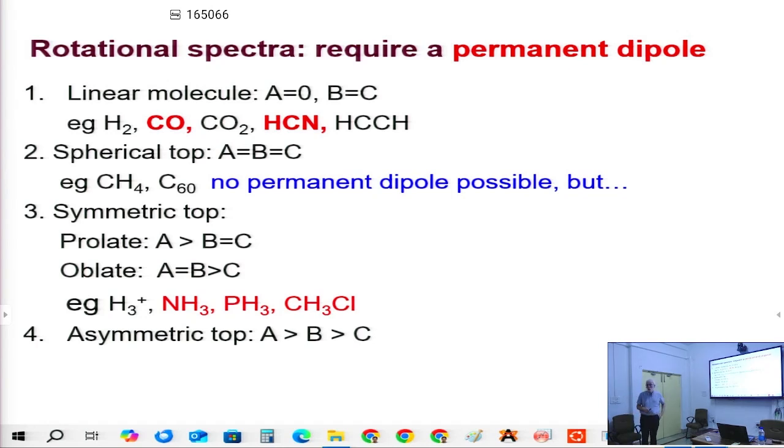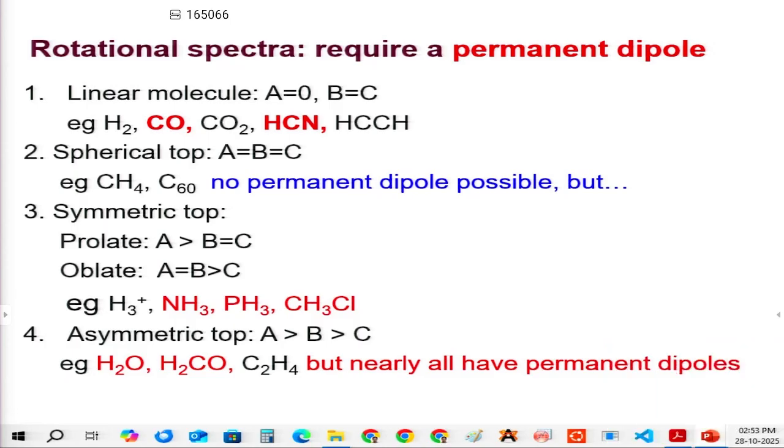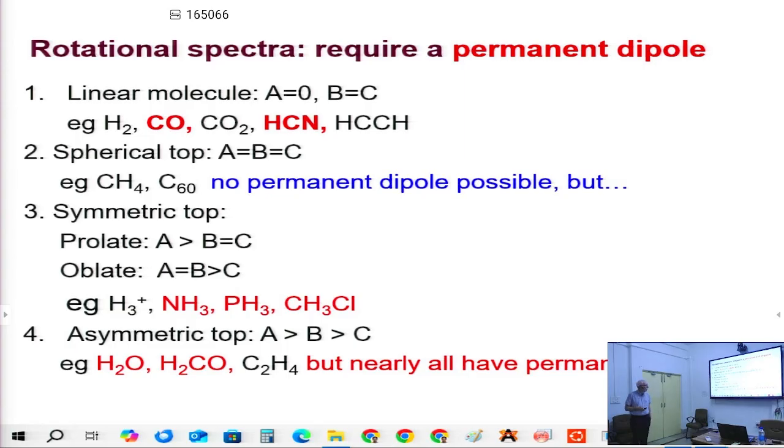Ammonia has quite a strong one. Phosphine, CH3Cl will have dipoles. In general, asymmetric tops have dipoles. They don't have much symmetry, but I deliberately put C2H4, which looks like this.